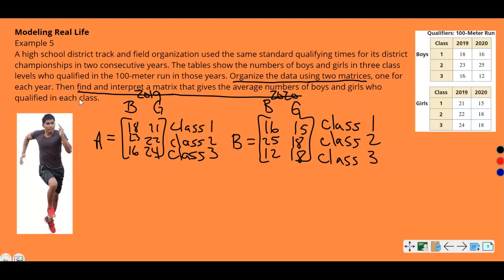All right, again, to average 2 things, you have to add them together and then divide by 2. So the first thing we're going to do is take these 2 matrices: 18, 21, 23, 22, 16, and 24, and then we've got 16, 15.